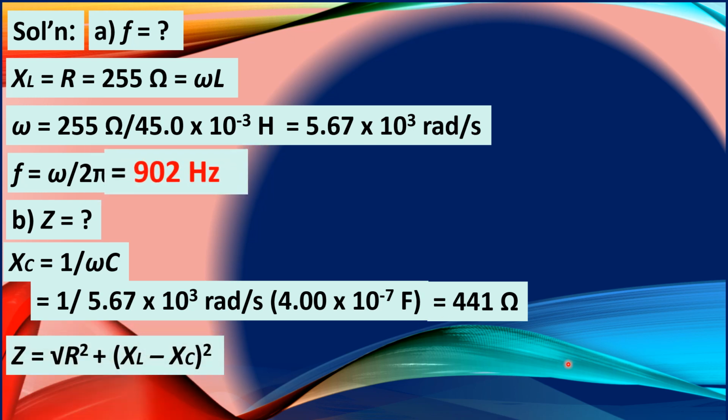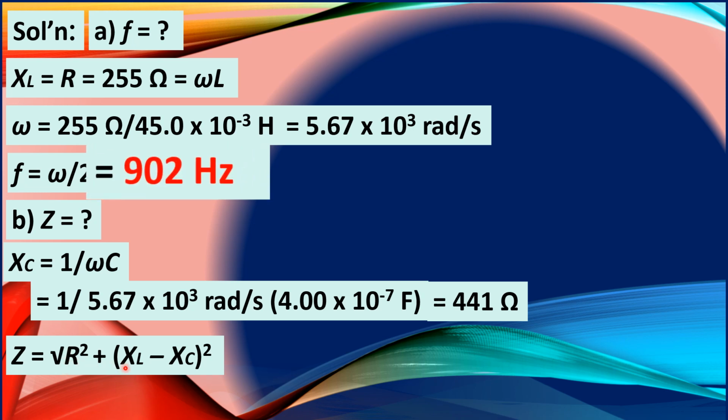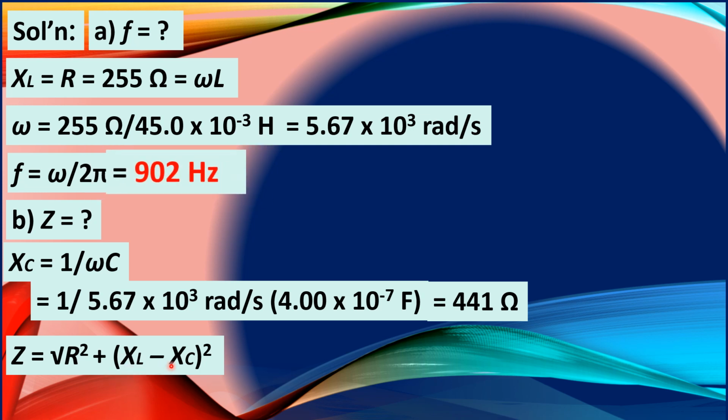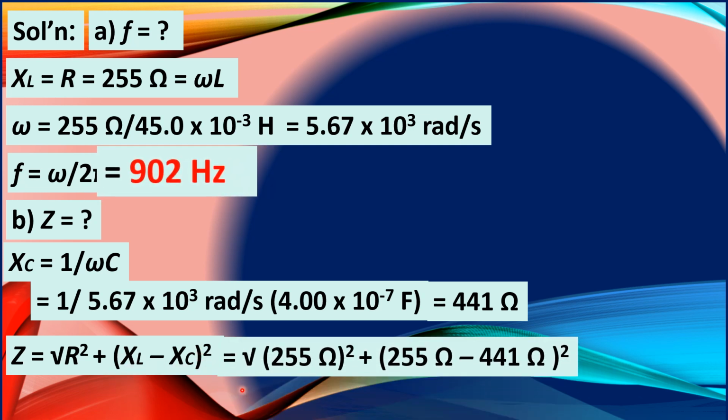And using the formula for impedance, Z equals square root of R squared plus quantity X L minus X C quantity squared, substituting the square root of 255 ohms squared, that's the value of the resistance R, plus the inductive reactance, which is 255 ohms, that's given in the question, minus the computed value for the capacitive reactance, which is 441 ohms.